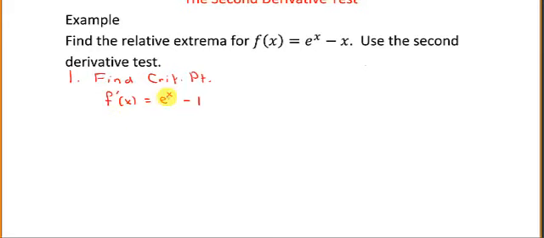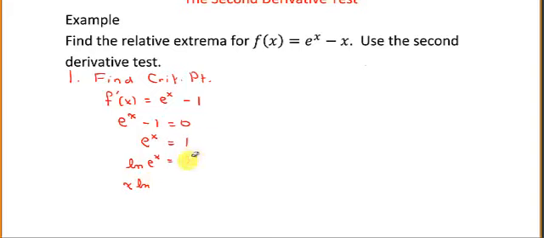It's never undefined because, of course, 1 is never undefined, and e to the x is never undefined. So we'll set e to the x minus 1 equal to 0. So then e to the x is equal to 1. Now, if this were a more difficult problem to figure out what x would be, we'd take the natural log of each side. Let me do that just to demonstrate it, although this one's pretty easy to see. Remember that the x comes out, so we have x times the natural log of e.